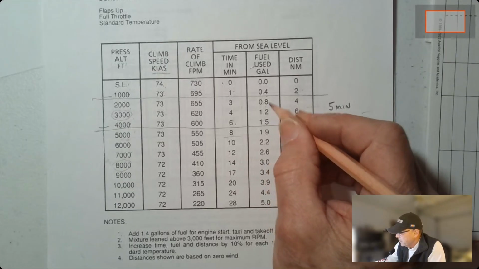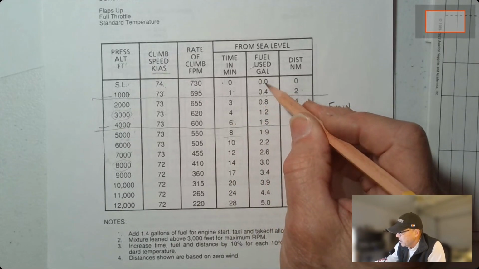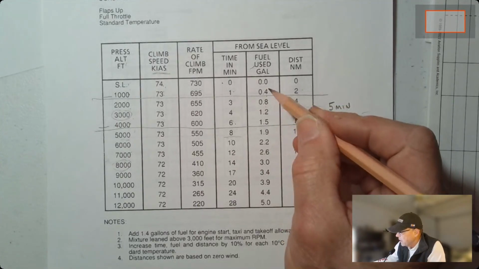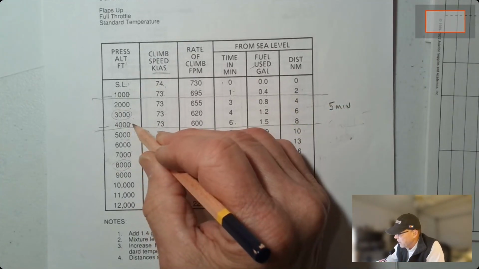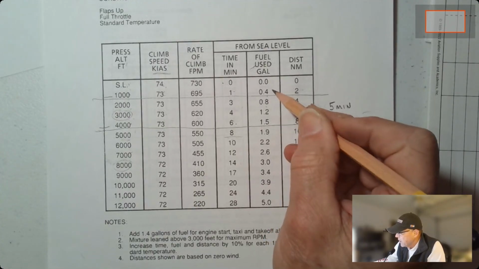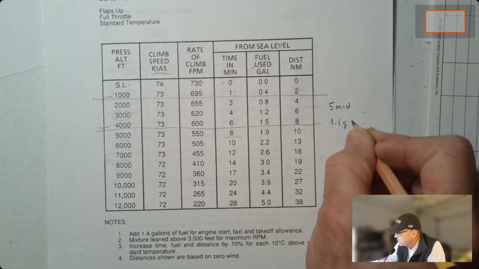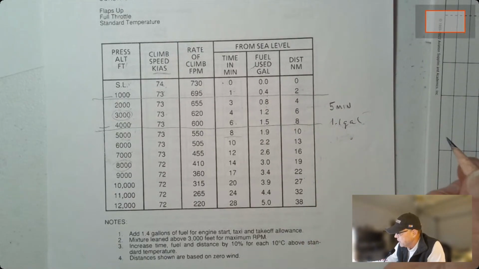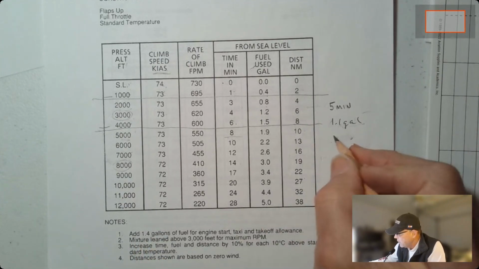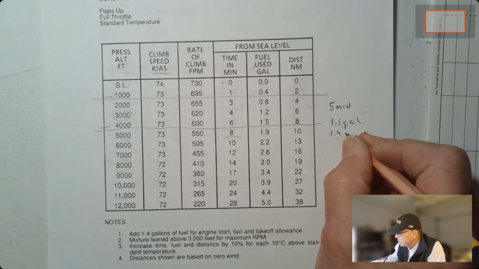So again, using the method that we did before, we're not climbing from sea level. We're climbing up to this rounded up 4,000 feet. 1.5 gallons minus 0.4 gallons. It's 1.1 gallons that we're going to use during the climb. But this note 1 here says add 1.4 gallons to that to your ground operations.